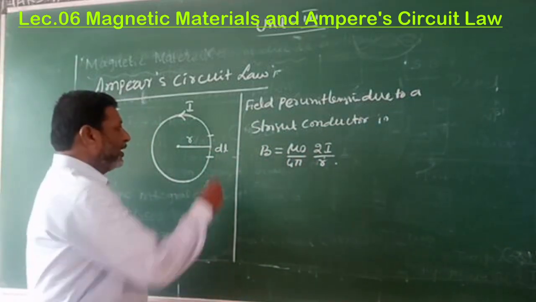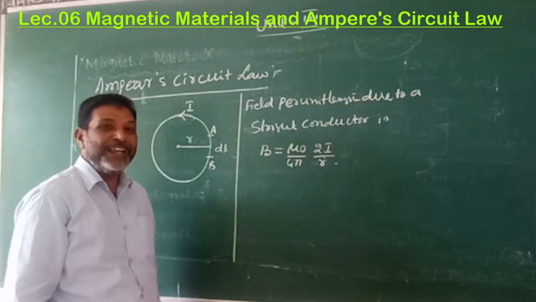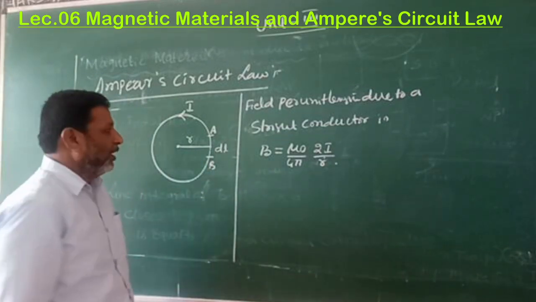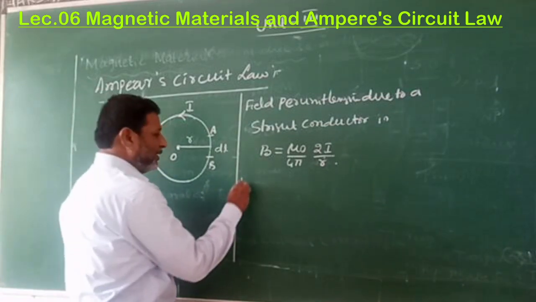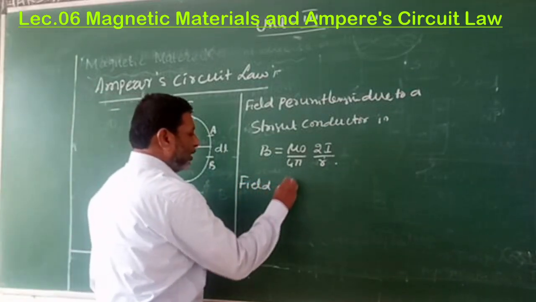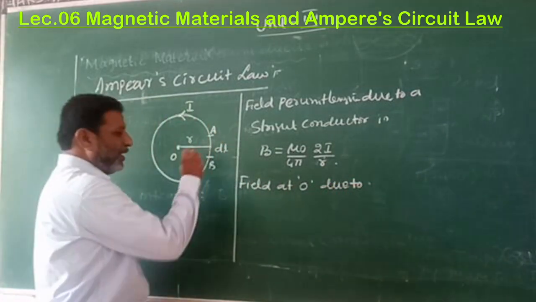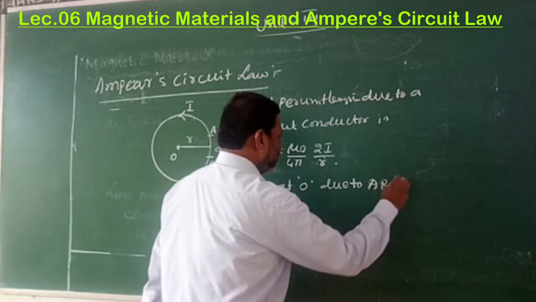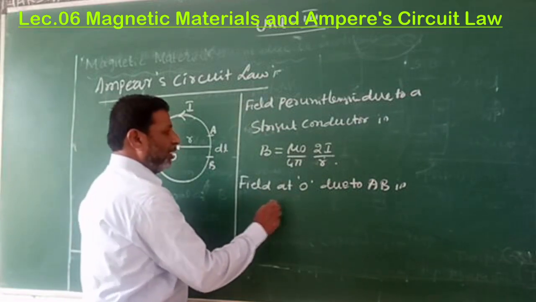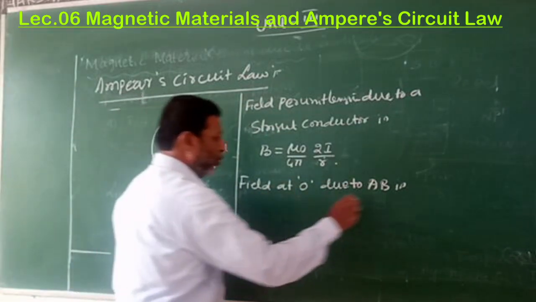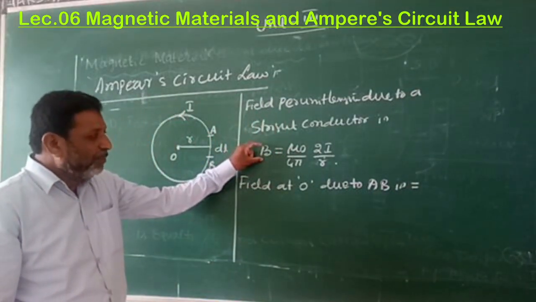Then we have taken an element of length dl. How much magnetic field is present here at the center O? That is the field at O due to AB. Now listen here. For unit length, B is equal to this much.